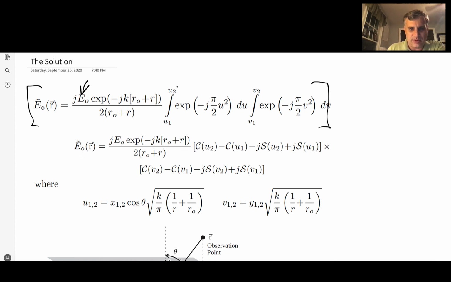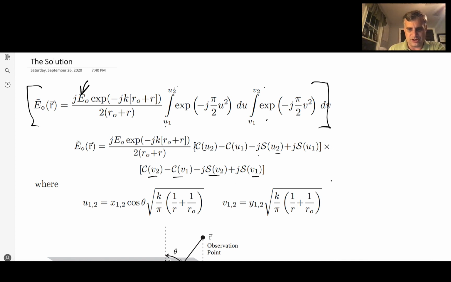When we evaluate these at these limits, we can write them as the cosine integral of u2 minus u1 and the sine integral, this is the complex part, u2 plus u1, and likewise cosine integrals here, here, and here, and sine integrals there for the v limits.